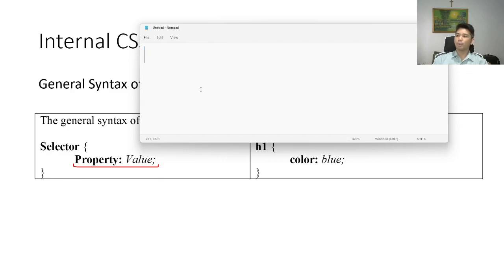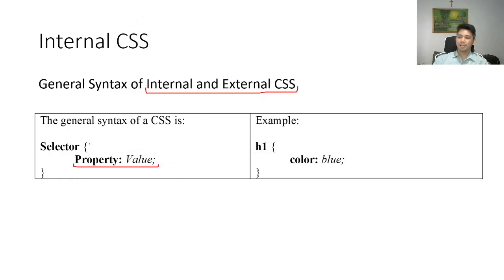Okay, so it's written inside a block and the block has a name which is a selector. Looking at the right side, an actual example, the selector is actually the HTML element, and it has the property, the color property, and the value for the color property is blue in this example.